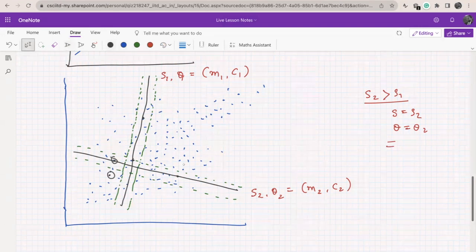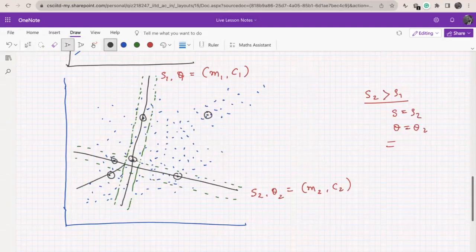Let me just circle it so that we can see the point that we chose earlier. And let's say I chose the second point here. Let's draw a line between these two points.